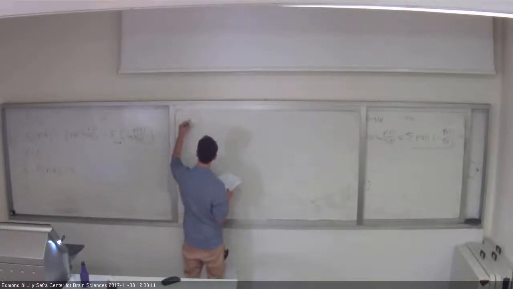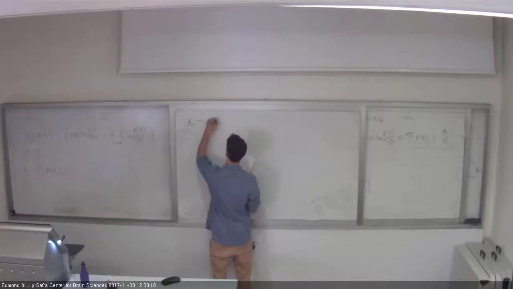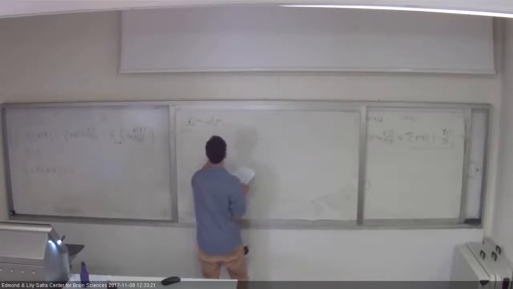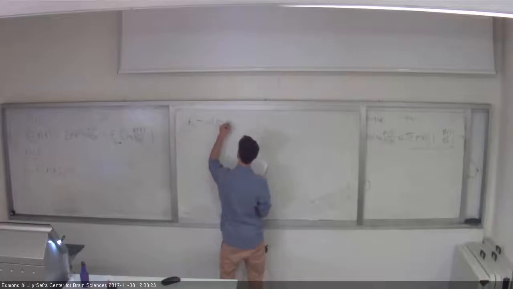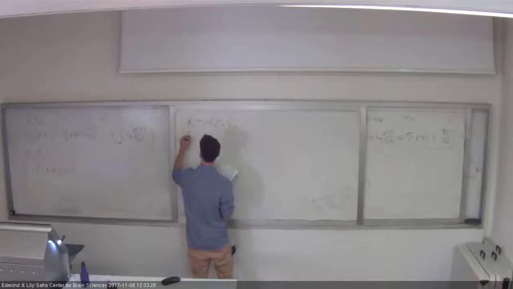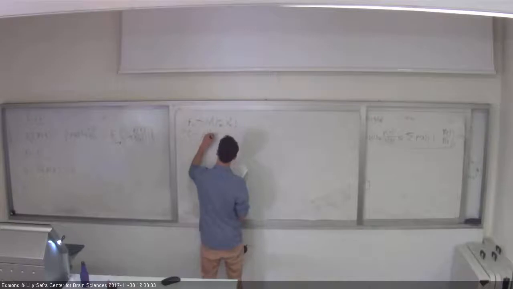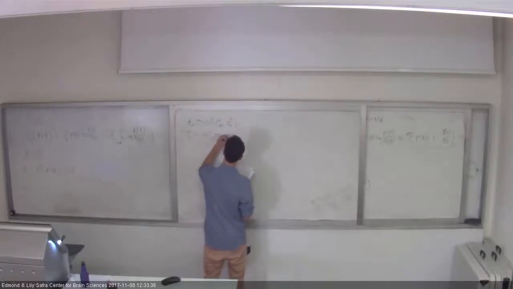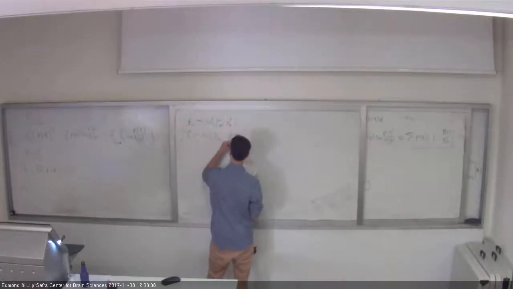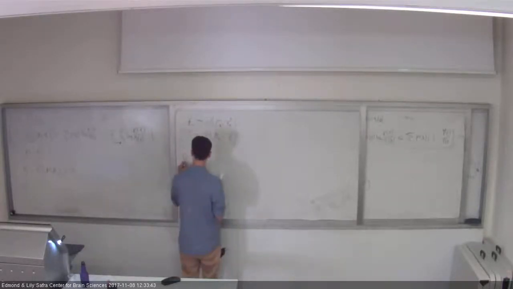F0 is distributed as a Gaussian with some mean and variance, and F1 is also Gaussian with some mean and some variance. And we are asking what is the DKL between these two distributions.